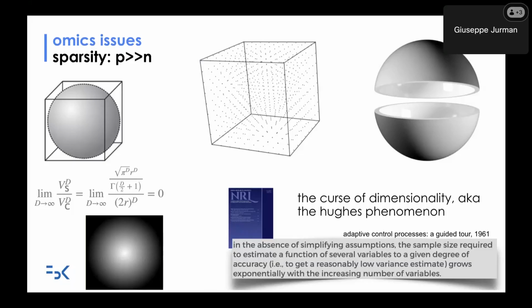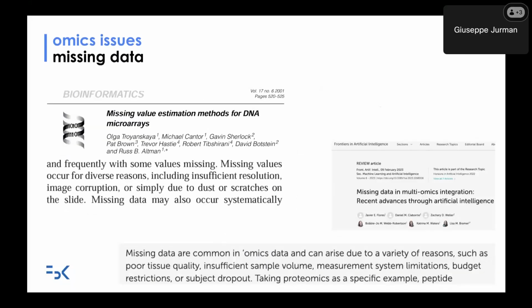So if we are living in a very high-dimensional world, we need many, many samples to reach an adequate level of approximation of the function. And this is crucial in all machine learning applications.